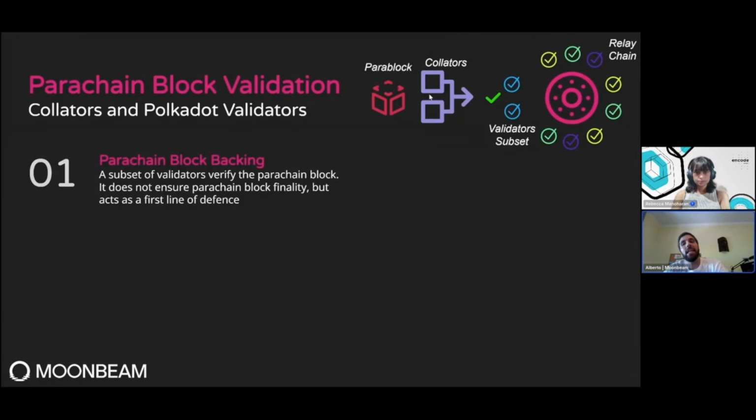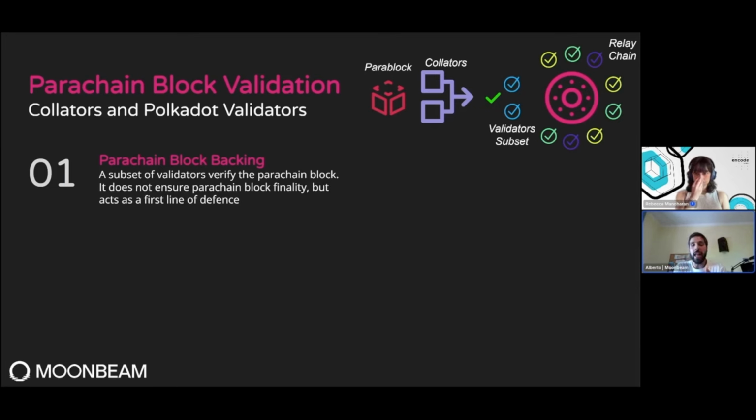This doesn't ensure parachain block finality, meaning that these validators could be malicious, but Polkadot has multiple lines of defense to ensure that if these validators are malicious, there are other ways to catch these malicious blocks. Basically, parachain block backing at a very high level is a process where a subset of validators connect to the collators and verify the state transition. And we're going to go into a bit more detail of how they do that.